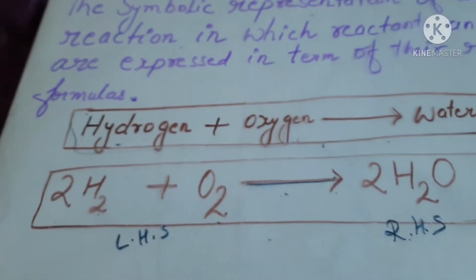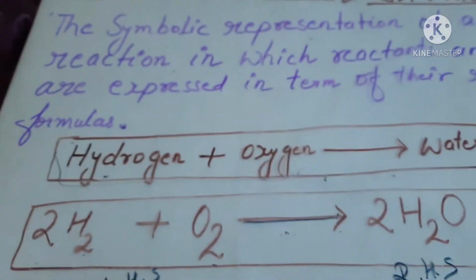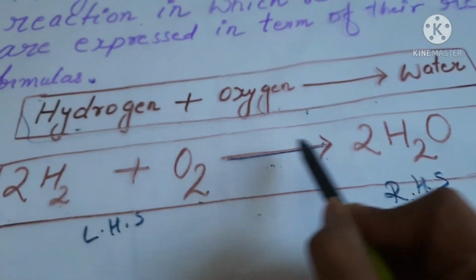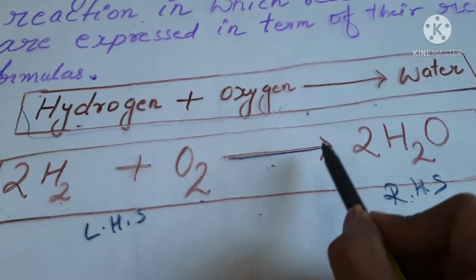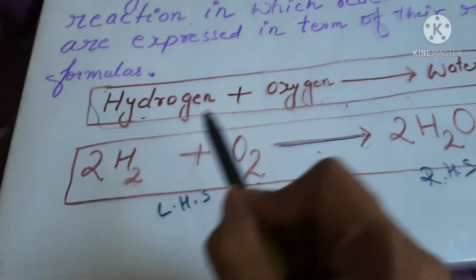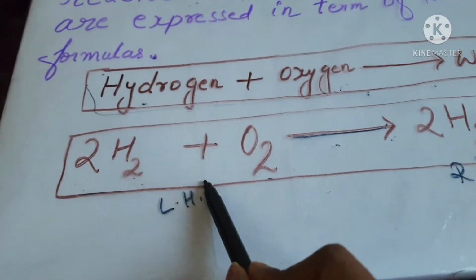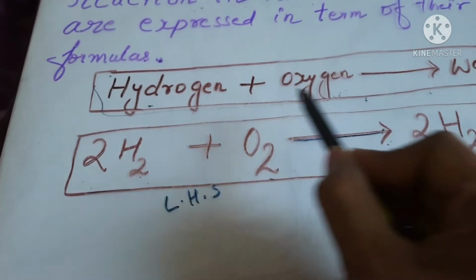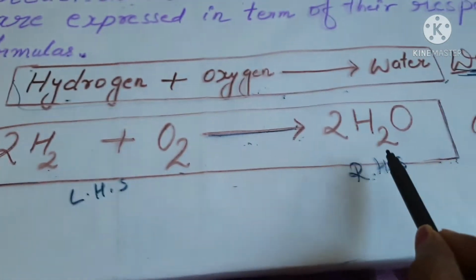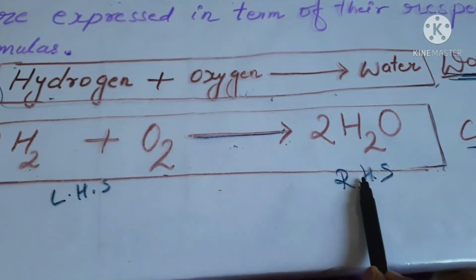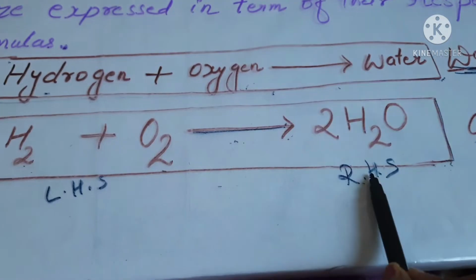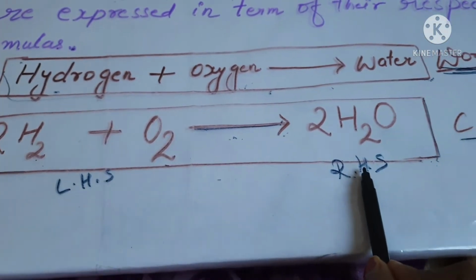Now, what are the common symbols of any chemical equation? In any chemical equation, an arrow is always present between the reactants and the products. Reactants are written on the left side of the arrow, whereas the products are written on the right-hand side of the arrow.